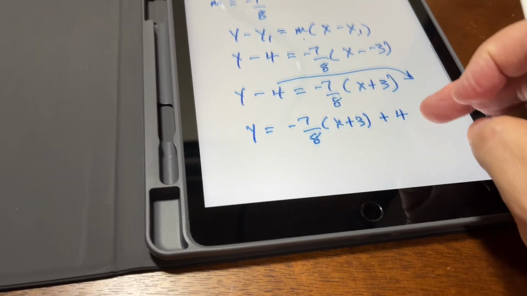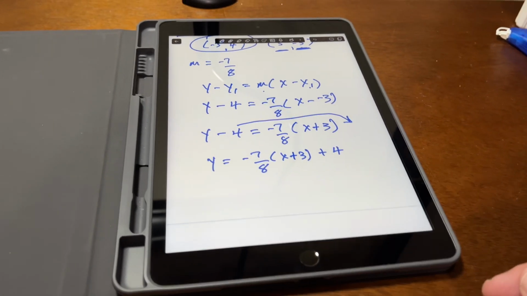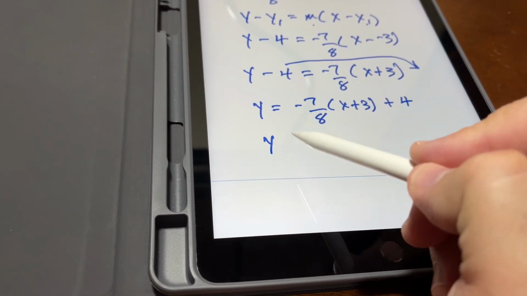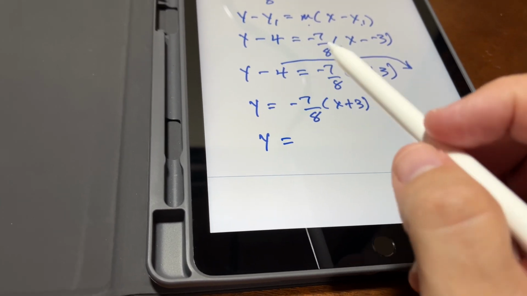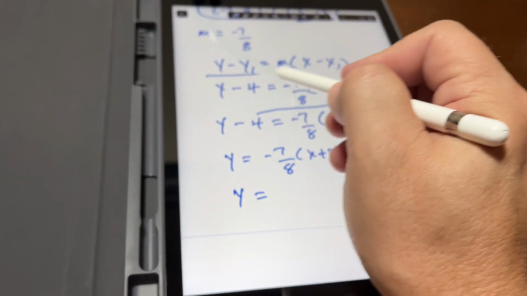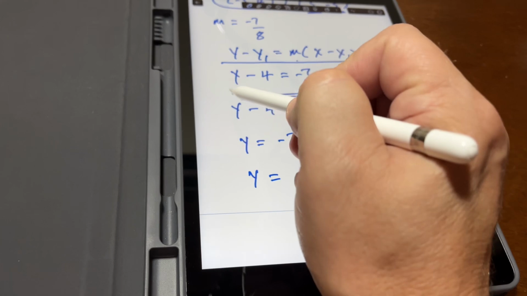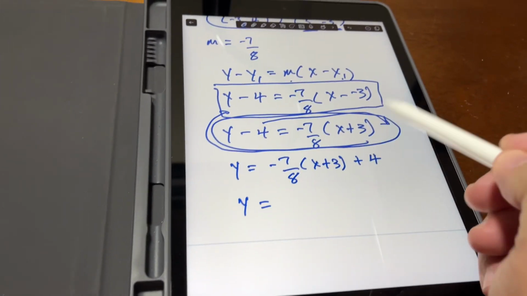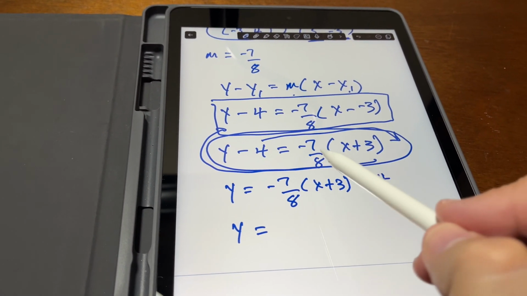So it looks like that. I'm almost there. That's pretty much the answer, but we wanted this in slope-intercept form. By the way, if you wanted point slope form, this one would be the answer in point slope form.